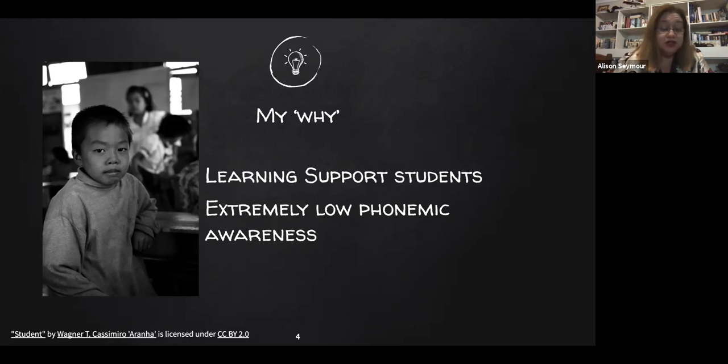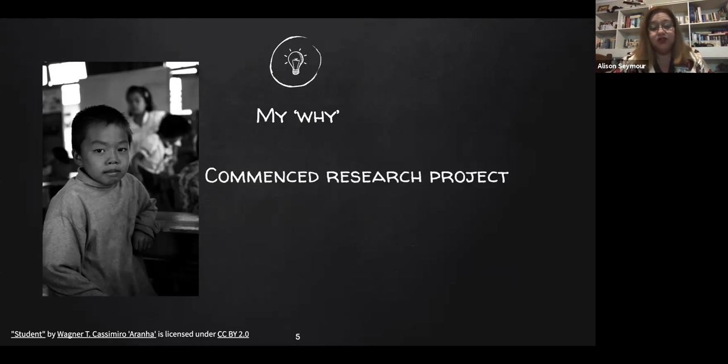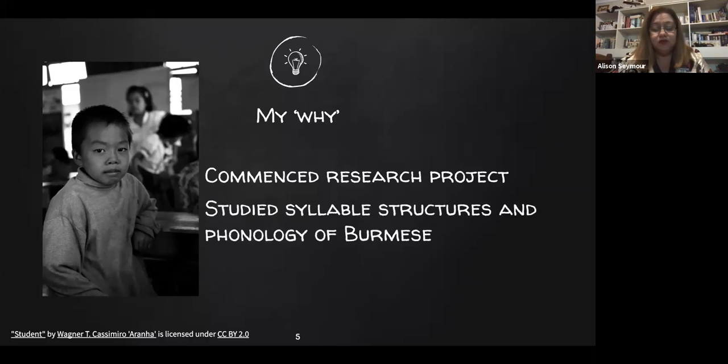In my experience of teaching, they seemed to have the most difficulty of students I had encountered in perceiving, but also producing, consonant clusters, or combinations of consonants at the beginning and ends of words. So I embarked on a research project at the University of Wollongong, and studied the syllable structures and phonology of Burmese, and also some other Southeast Asian languages.